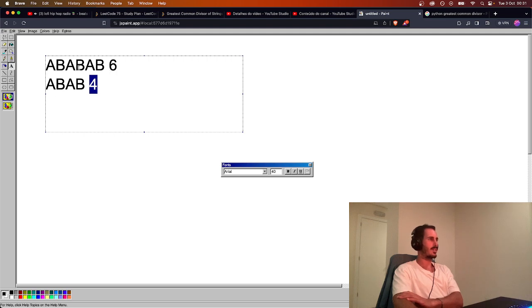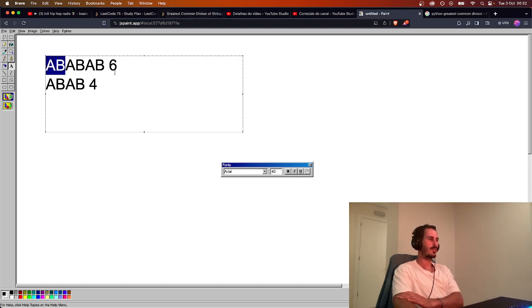So let's try it, because we need to find something that multiplied by 2, or multiplied by 3, gives this result. And this something multiplied by 2 gives this result. The greatest common divisor of both of them is a size 2, AB.